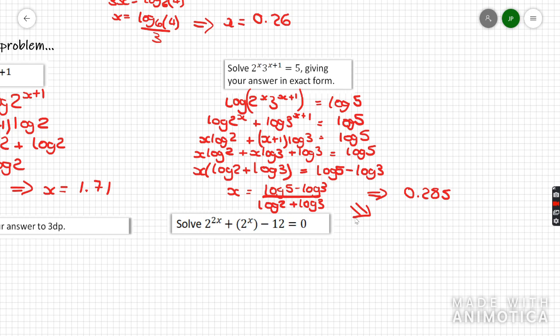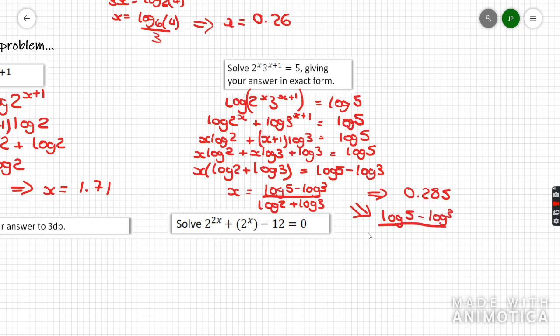Now I know when I subtract with logs, I can do them as a division. So what I could rewrite that top part as is log 5 over 3. However, that's not in particularly nice form, so we can leave that as it is because we don't really want to be dealing with fractions inside.